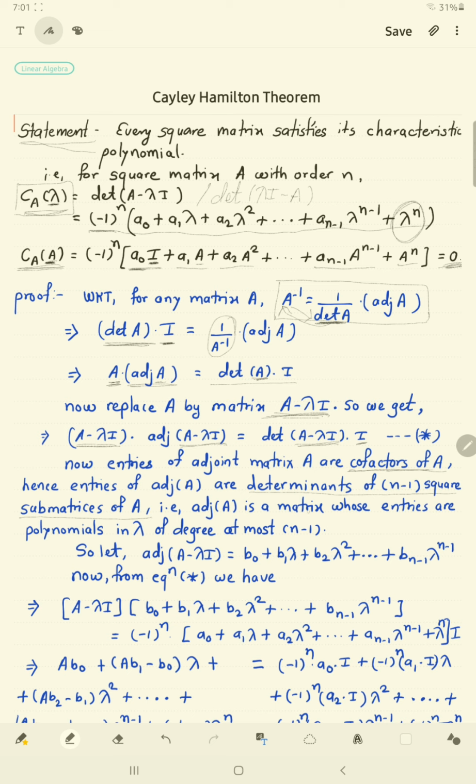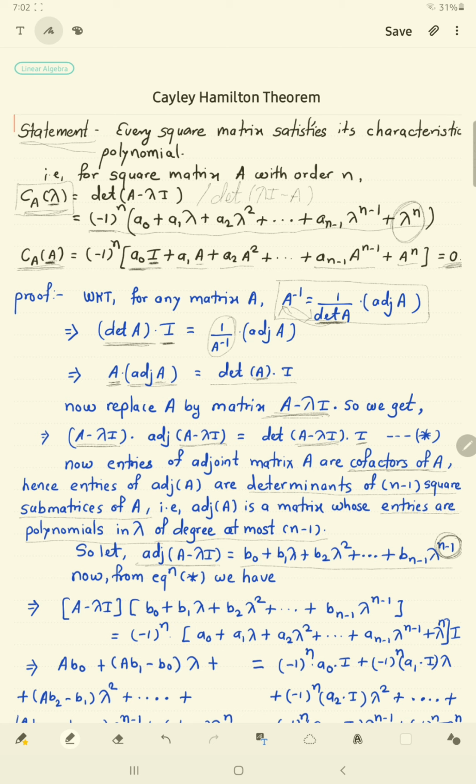That is, adjoint of A is a matrix whose entries are polynomials in lambda of degree at most n minus 1. As the adjoint matrix has every element obtained from cofactors of A, and cofactors of A are determinants of n minus 1 square submatrices of A, obviously the adjoint of A is a polynomial of degree at most n minus 1.